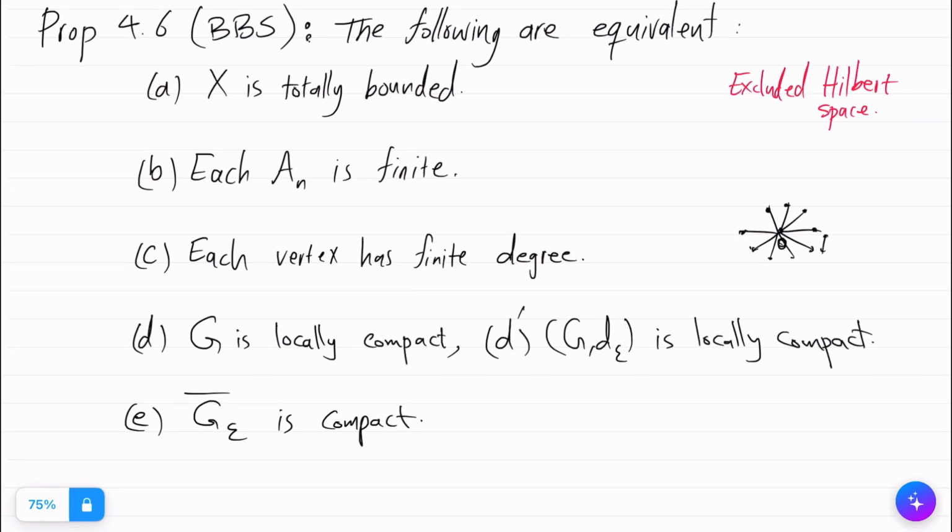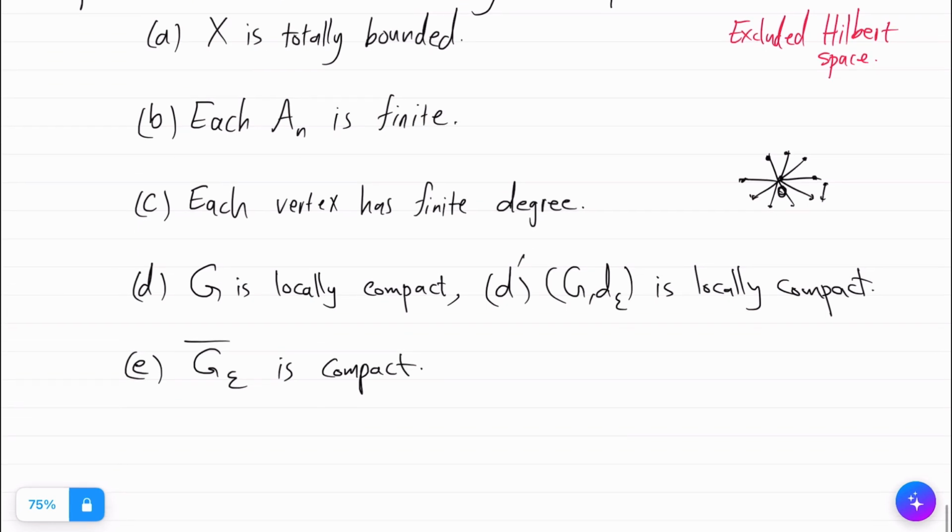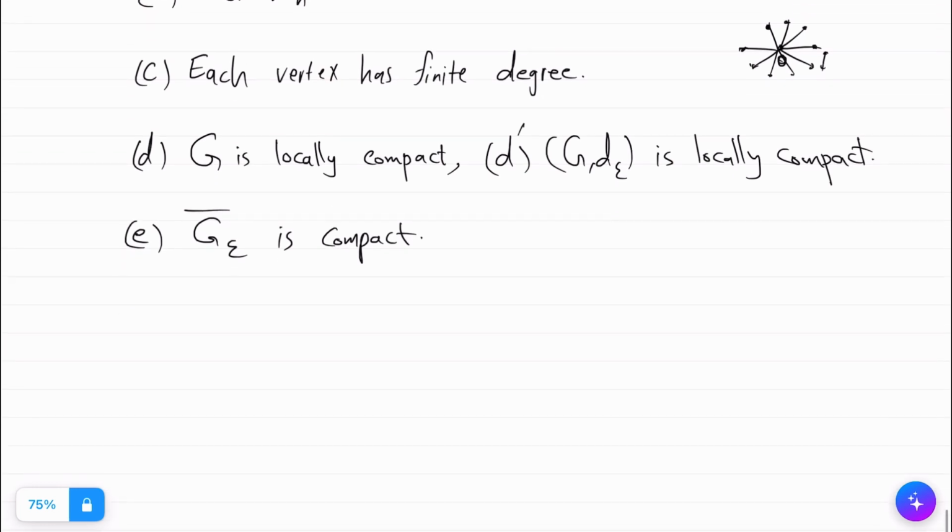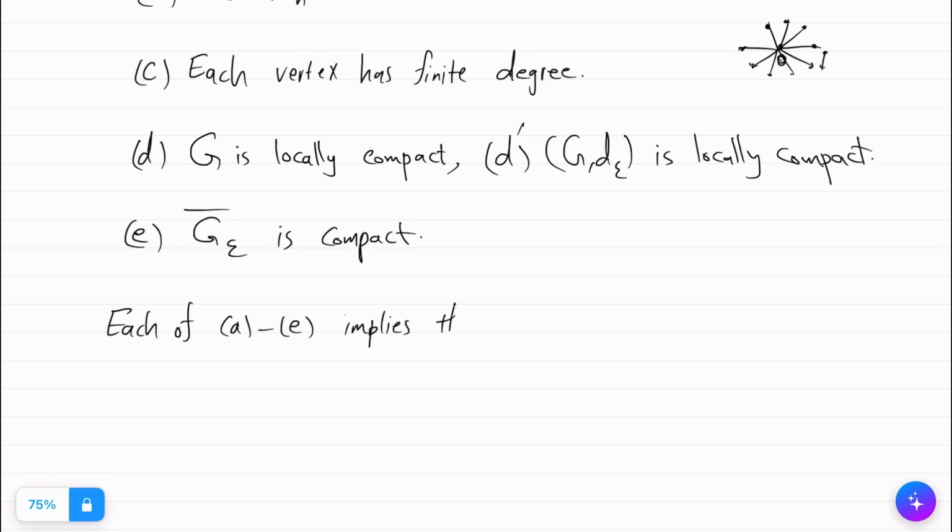So far there were no restrictions over the parameters, including this epsilon parameter, but now we have this. Each of A through E implies that the closure of G_epsilon is a geodesic space.